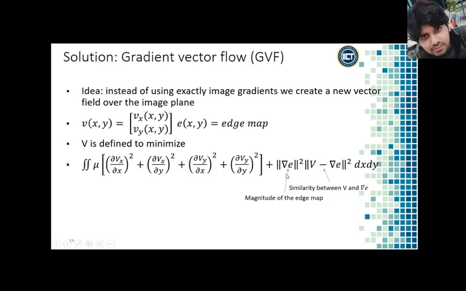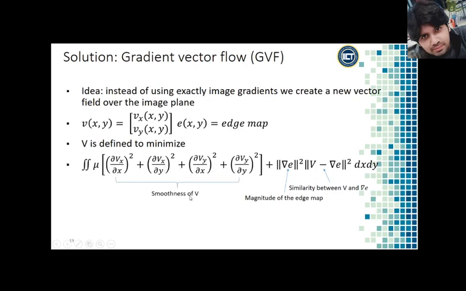So what we want is, if the gradient of e is big, that means the gradient is large and v is going to follow this edge gradient faithfully. If the gradient magnitude is low, if it is very small, then v just follows along to be as smooth as possible, and the responsibility of making the vector flow smooth is done by this equation.